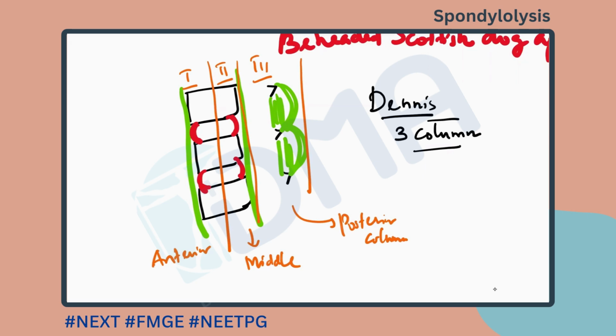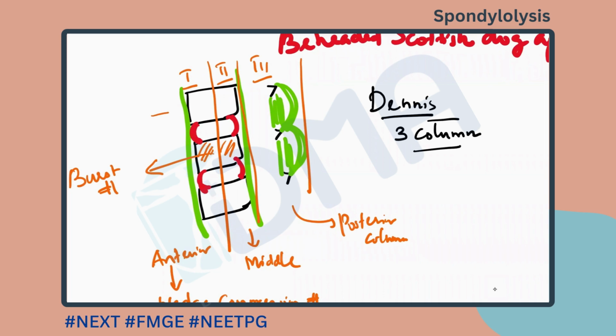When a fracture occurs only in the anterior column, it causes a wedge compression type of fracture. When the fracture involves both the anterior and middle columns, it is called a burst fracture.